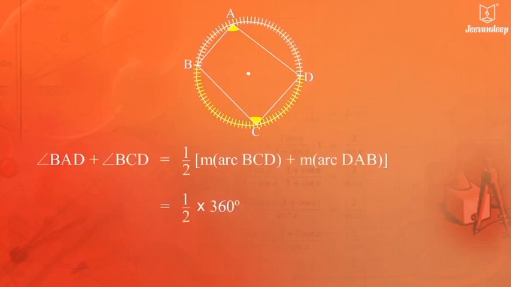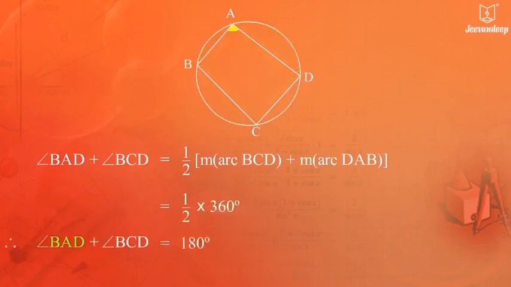As the measures of arc BCD and DAB constitute the full circle, we can write this as equal to half of 360 degrees. Therefore, angle BAD plus angle BCD is equal to 180 degrees. Equation 3.